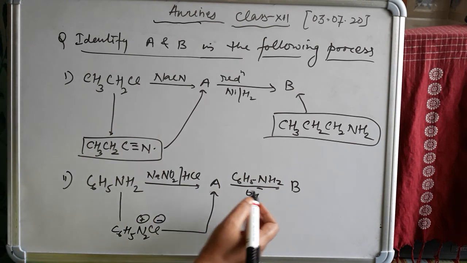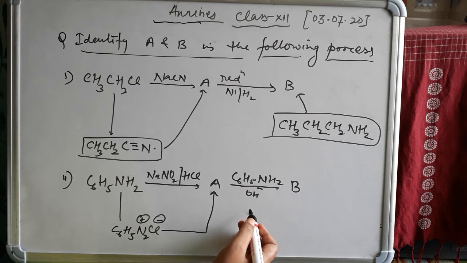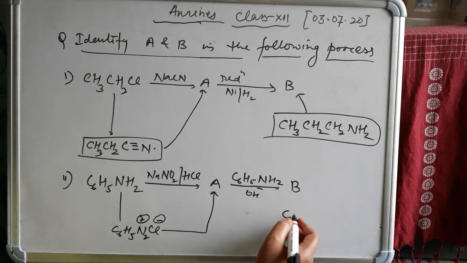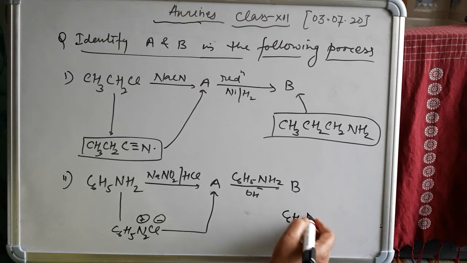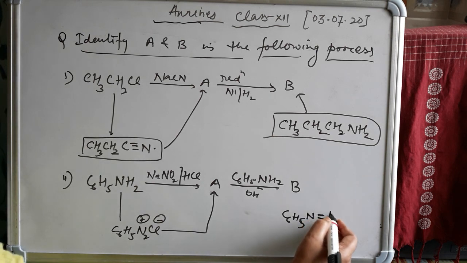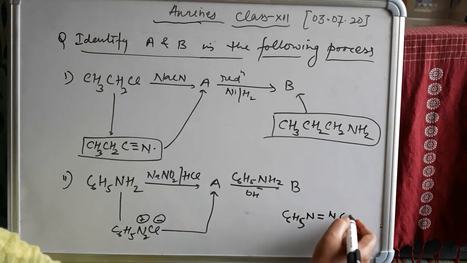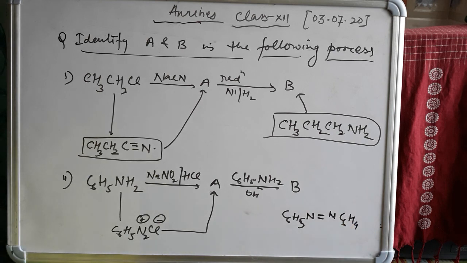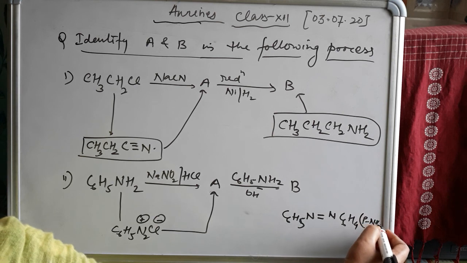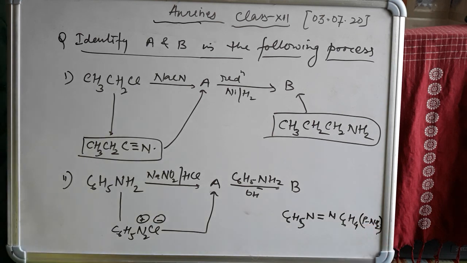We know that diazonium salt with aniline forms aniline dyes, because para-aminoazobenzene is formed. So B will be C6H5N=NC6H4, and at the para position NH2 is present.